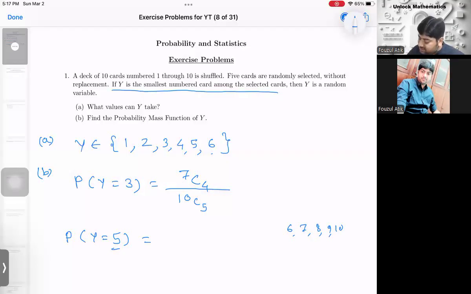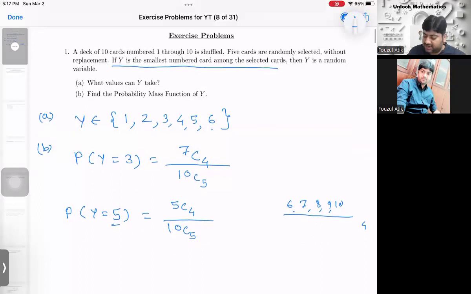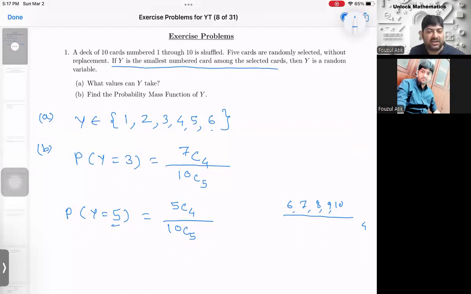How many such possibilities are there? 5 possibilities, and you need 4 cards. So how many ways? 5C4, divided by the total number of possibilities, where you select 5 cards among 10, which is 10C5. Now you should get this concept for the generalized case.